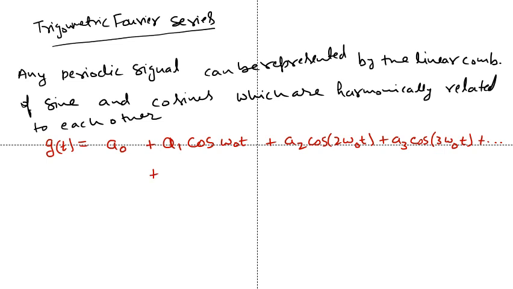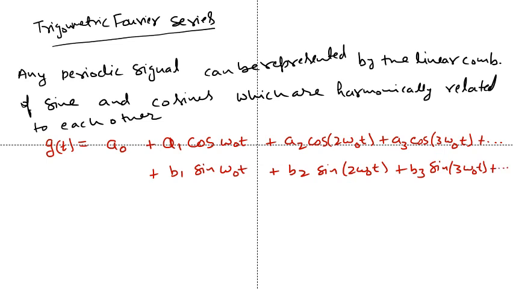Also we will be having some terms B1 sine omega naught t, addition with B2 sine twice omega naught t, addition with B3 sine thrice omega naught t, and it will go till infinity.